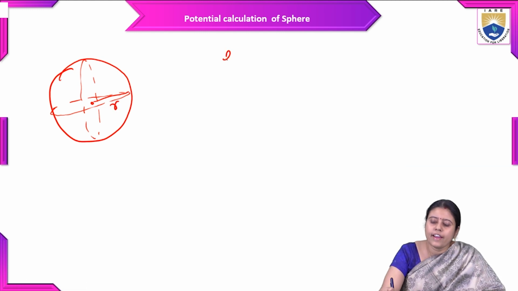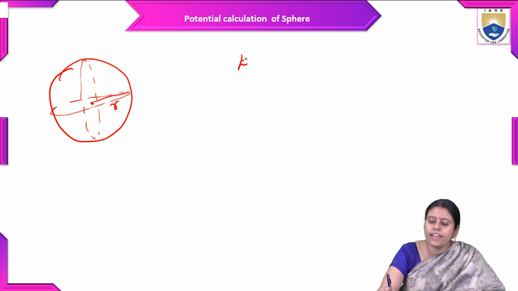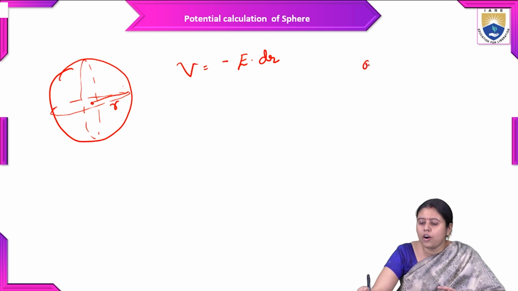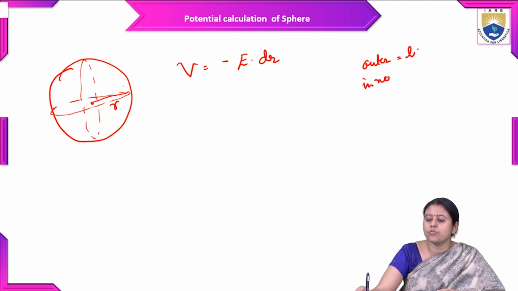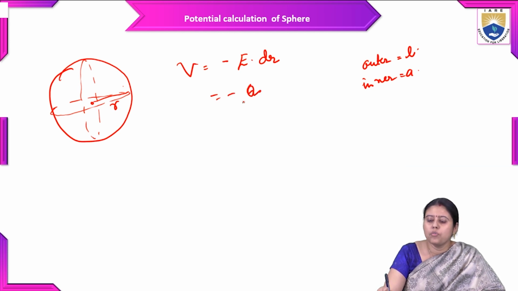We can write the potential calculation again: V is equal to the integral of E dr. We are taking two radii, B to A. One is the outer radius, which we are taking as B, and the inner radius we are taking as A. What is E for a sphere? Q by 4 pi epsilon r square into dr.